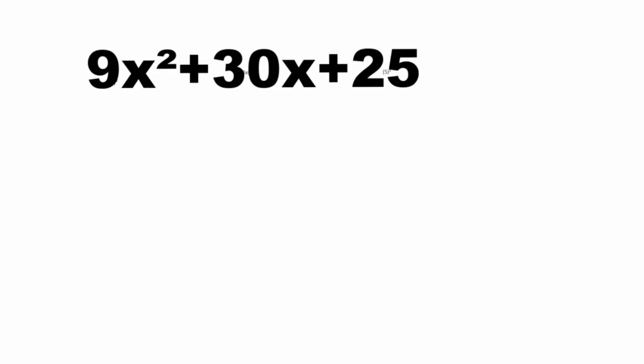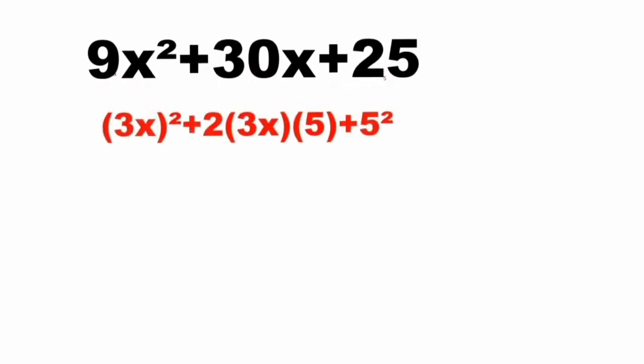Another example is 9x squared plus 30x plus 25. So you have your perfect squares here, 9 and 25. The square root of 9x squared is 3x, and the square root of 25 is 5.